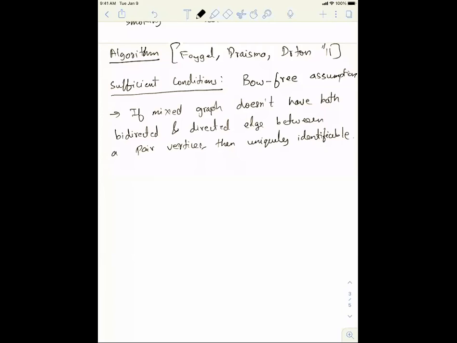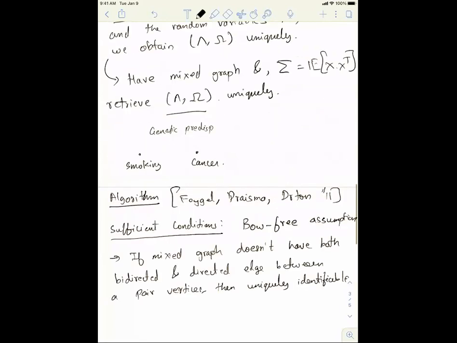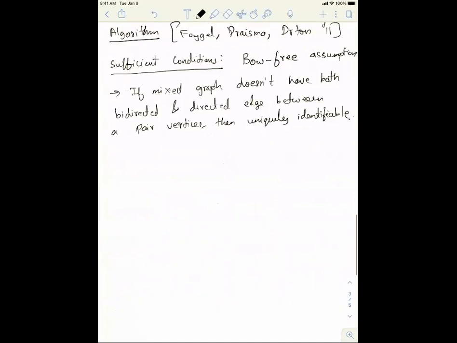I've been being a bit imprecise. There's maybe an aside: there's a distinction between identifiability and what is called generic identifiability. Here we'll be looking at generic identifiability, in the sense that you don't want it to hold for all pairs.